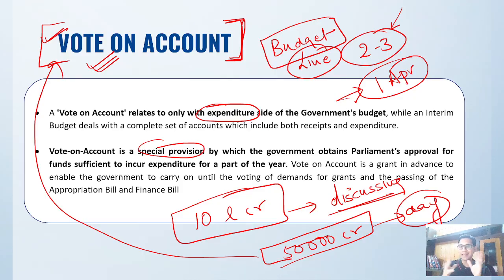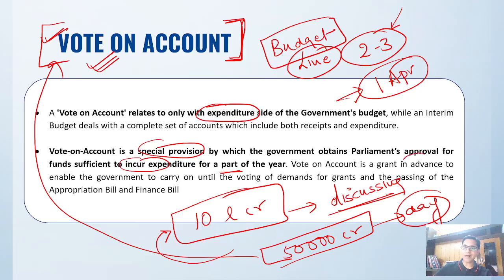This is just a slang I have used to make you understand that till the budget is still in the discussion phase, government needs money to run. So government goes for vote on account, where a certain amount of money is given to the government for day-to-day functioning till the budget gets passed, or after the budget gets passed, it gets accommodated into this. So vote on account is a special provision in which the government obtains parliamentary approval for funds sufficient to incur expenditure for a part of a year.